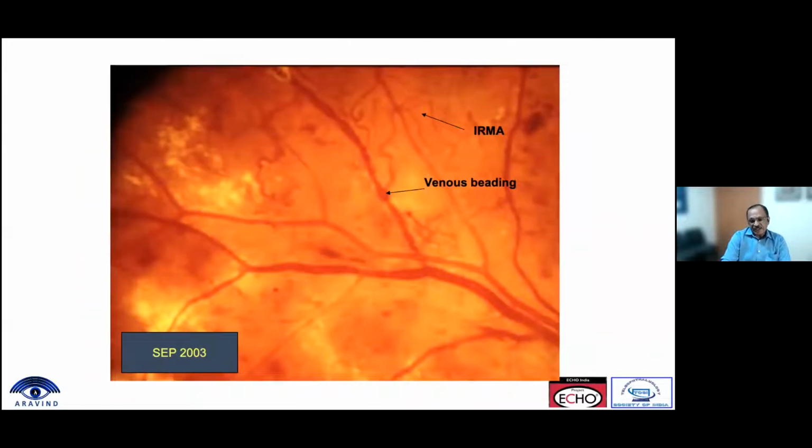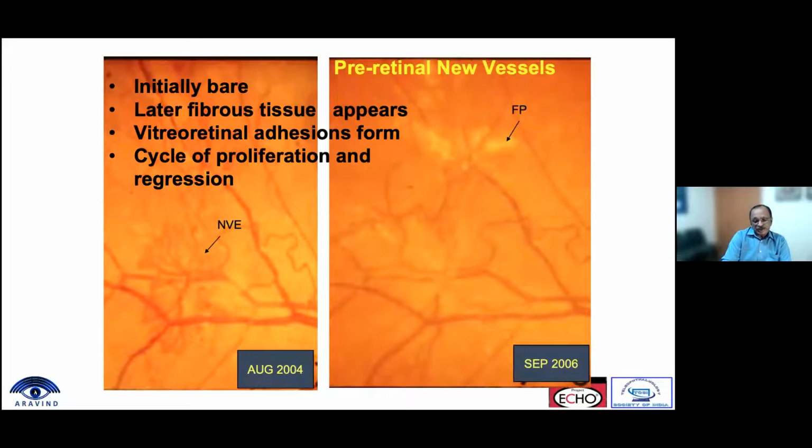This is a patient who was followed up in September 2003 when the patient presented with IRMA and venous bleeding. They were followed up very closely. Later, fibrous tissue appeared.